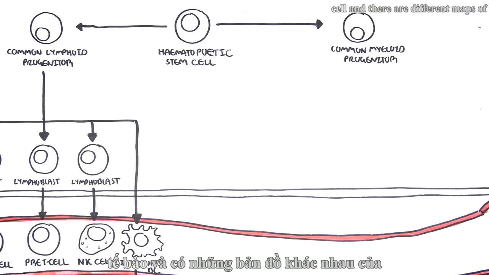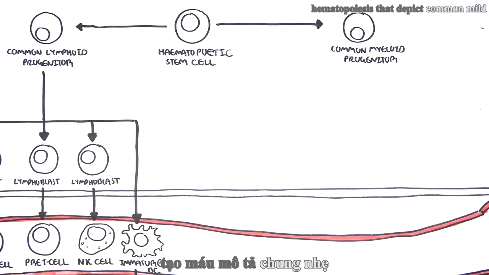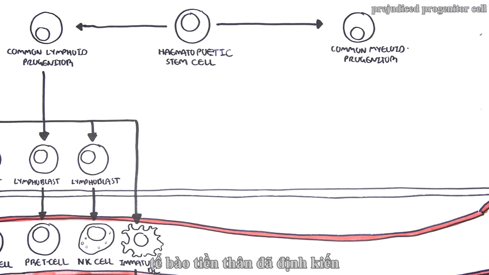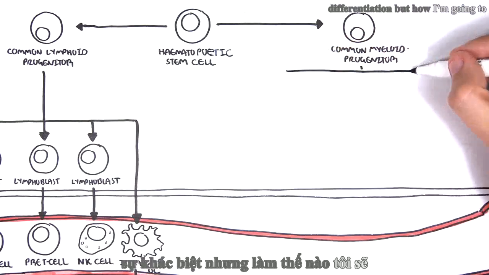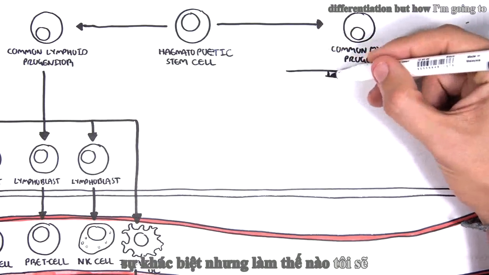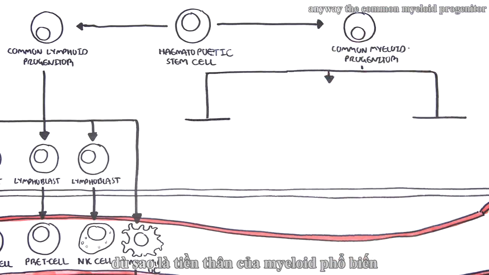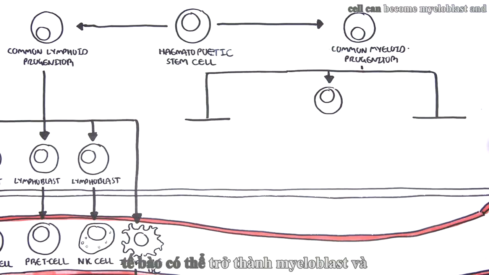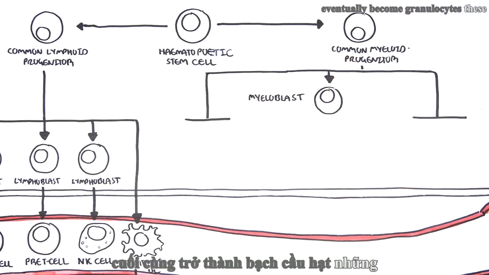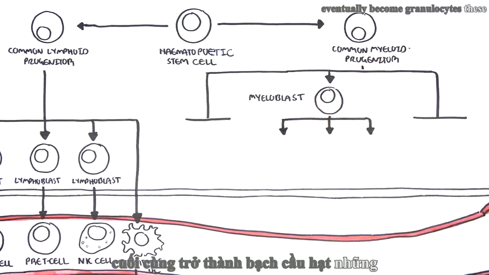And there are different maps of hematopoiesis that depict common myeloid progenitor cell differentiation. But how I'm going to show you is what I think is the easiest. Anyway, the common myeloid progenitor cell can become myeloblasts and eventually become granulocytes.